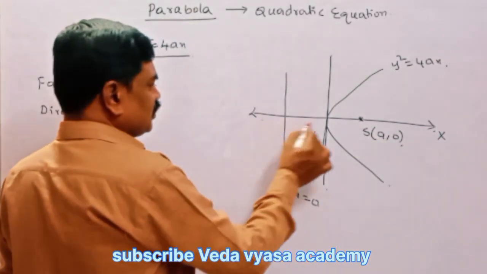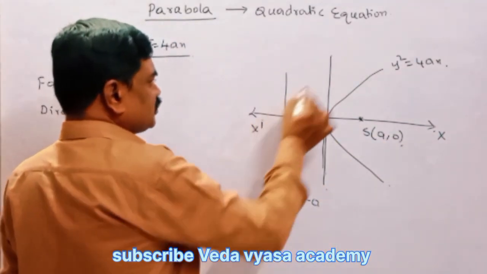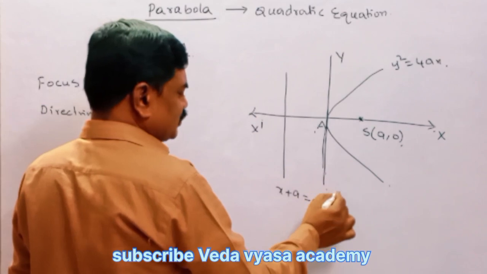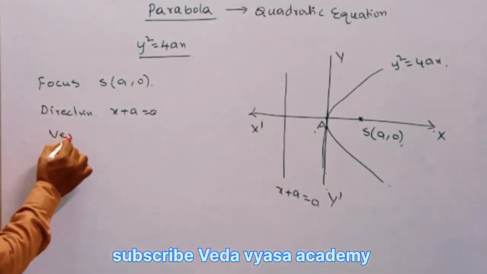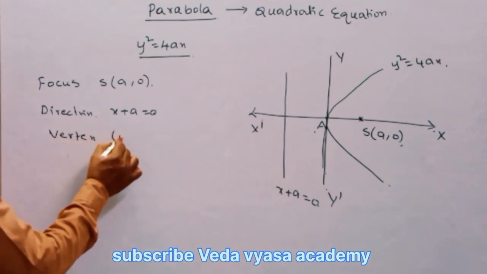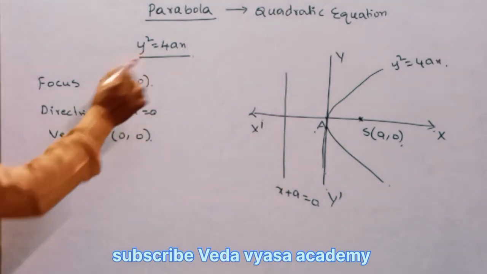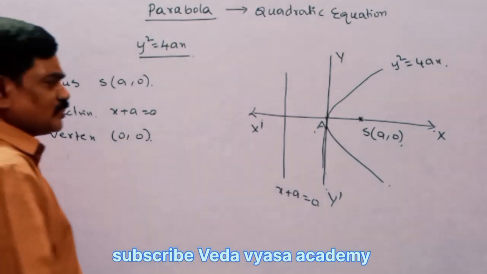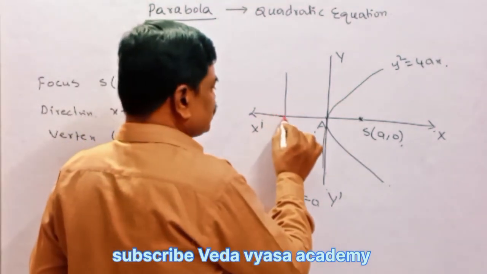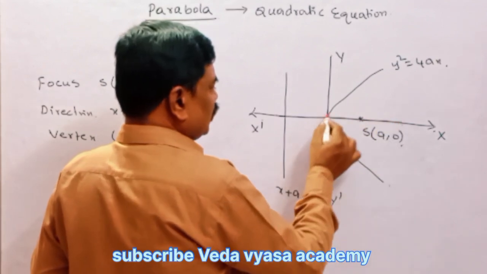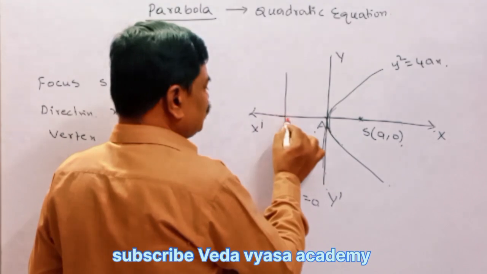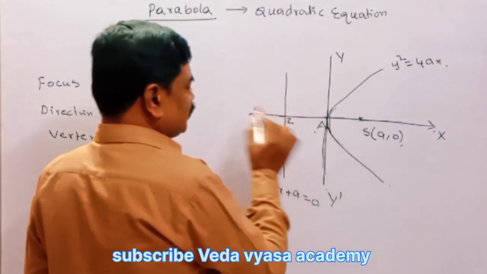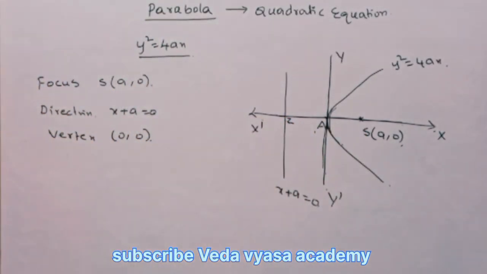This A is the vertex (0, 0) for this one. The vertex is the point where the axis meets the parabola, the midpoint of SZ.